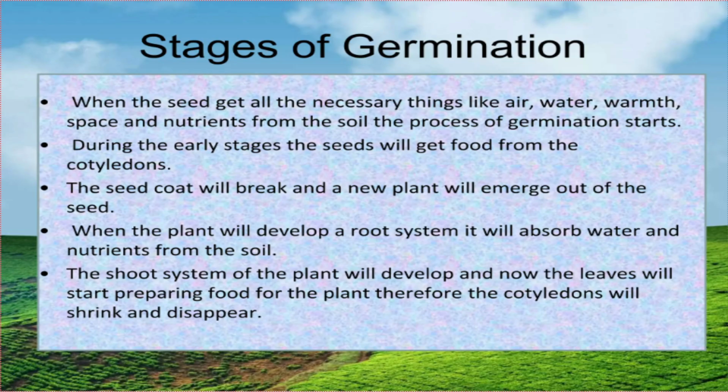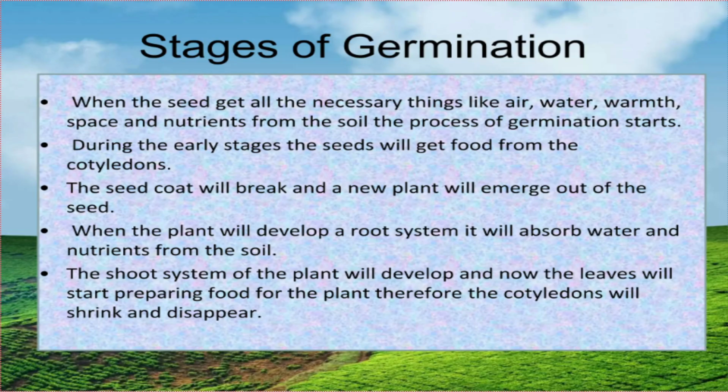Now, do you know the name of this root system? I know that you are thinking. In this stage, the small root is called, any guesses? Yes, it is the radicle.